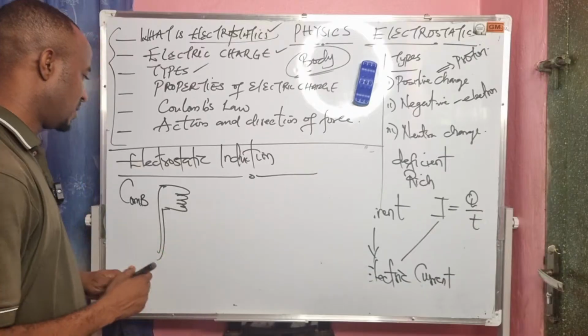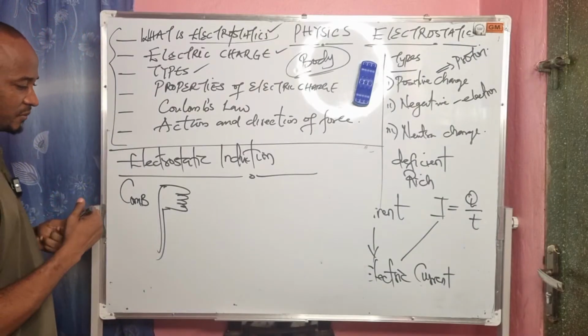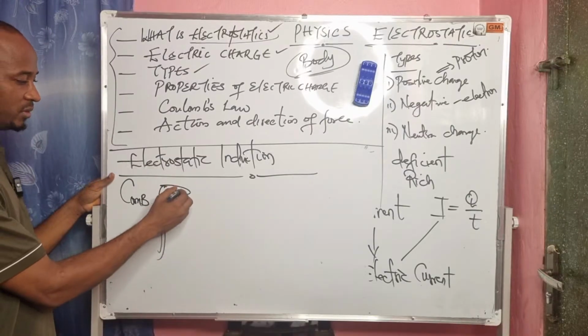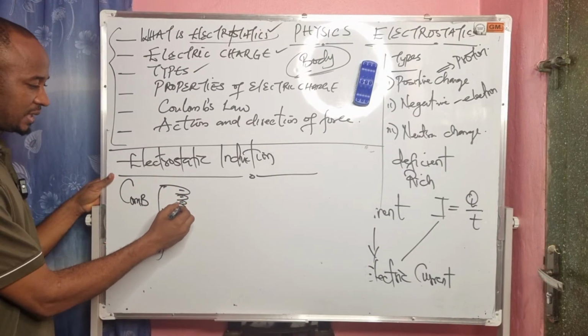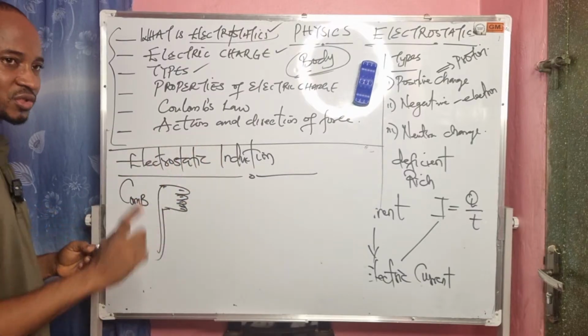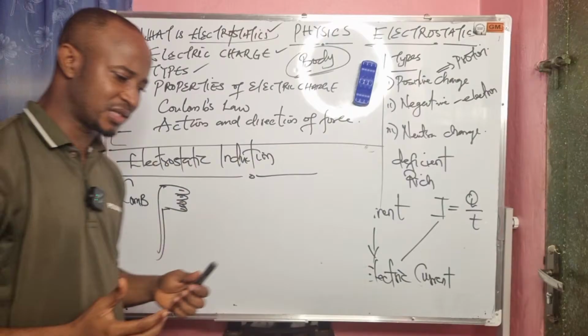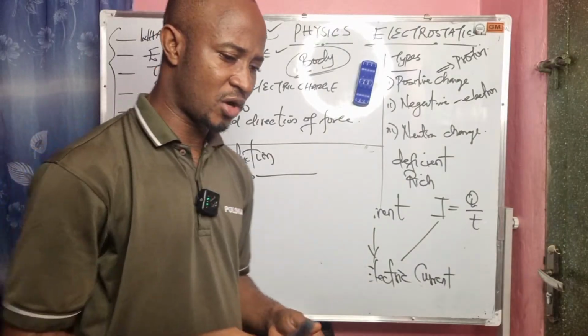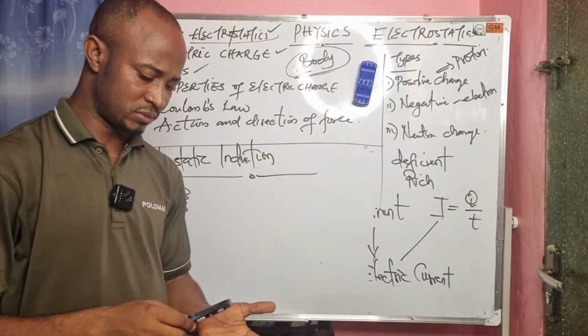Positively charged. So we are assuming here that after rubbing the comb acquires what? Electrons. I want to show the principle of electrostatic what? Induction.